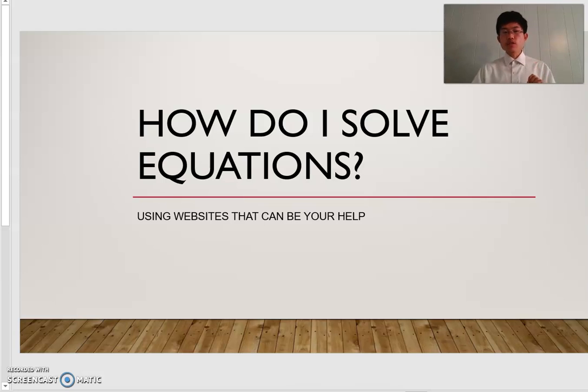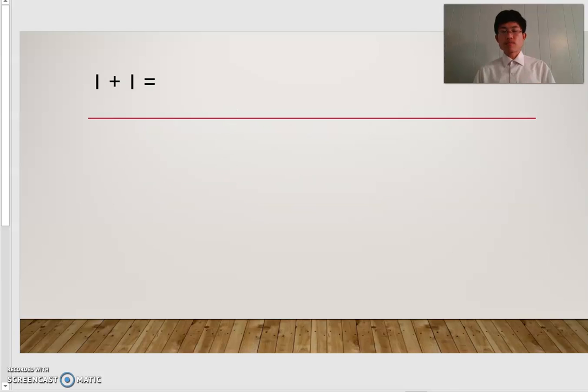I want you to look at this slide and see 1 plus 1 equals. Obviously, the answer is 2, right? 1 plus 1 equals 2. But I want you to focus on the symbol that's after the second 1.